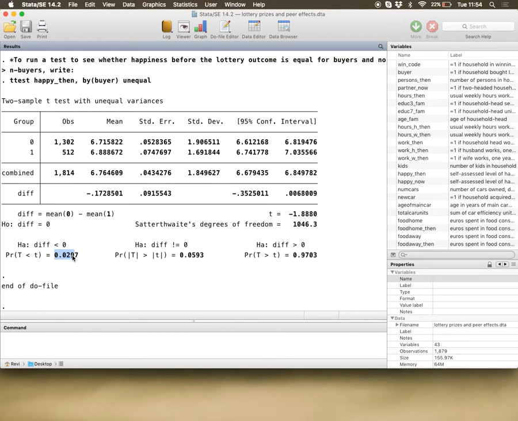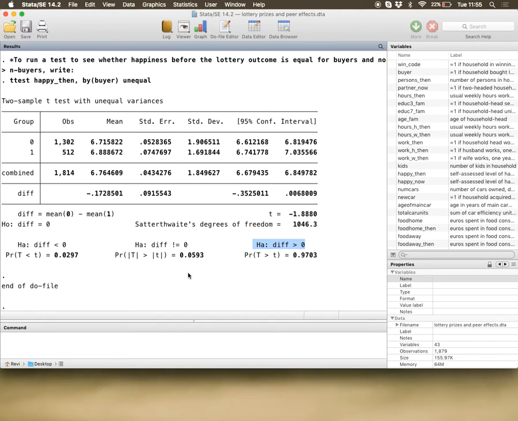A p-value of 3% means that at a significance level of 5%, you will reject the H naught in favor of the H alternative. Here, you will not reject the H naught. You'd rather stick with the means being the same than say that the people who don't buy lottery are happier.